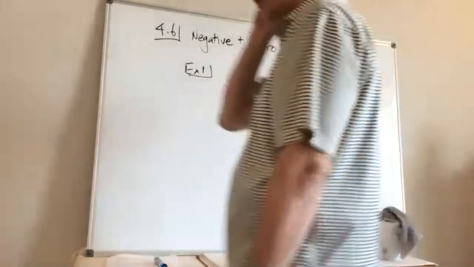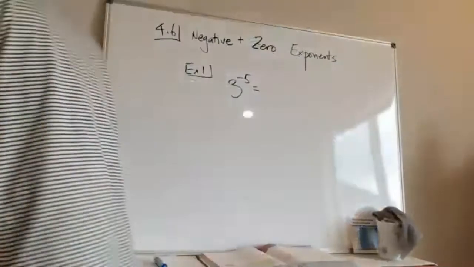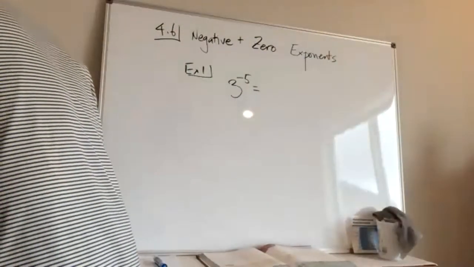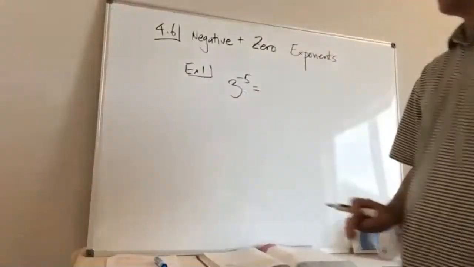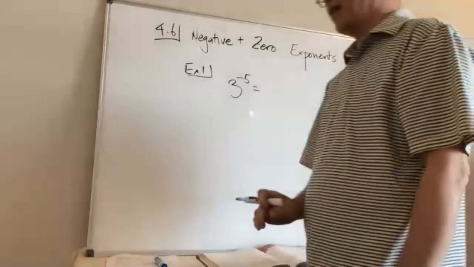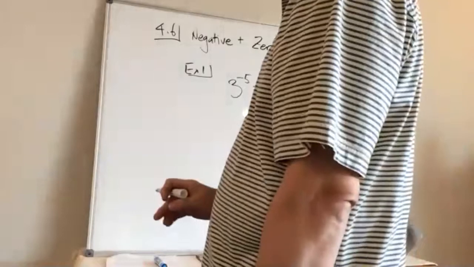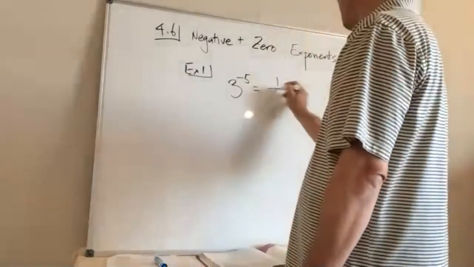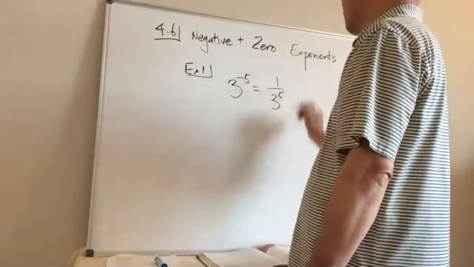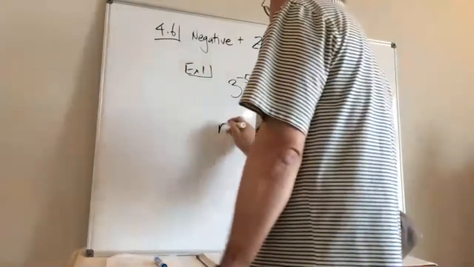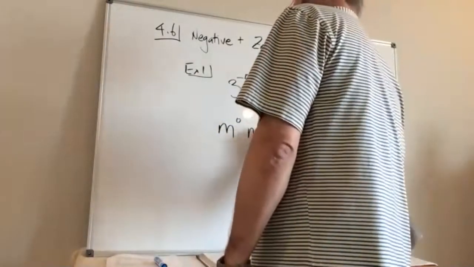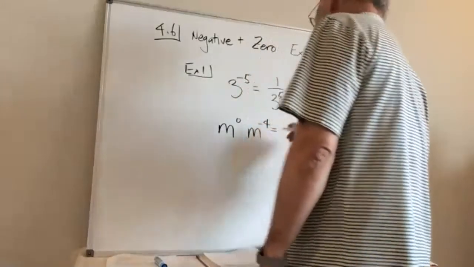If I use this, what would this be? Elijah. It would be 1 over 3 to the 5th power. Correct. 1 over 3 to the 5th power. Good work.